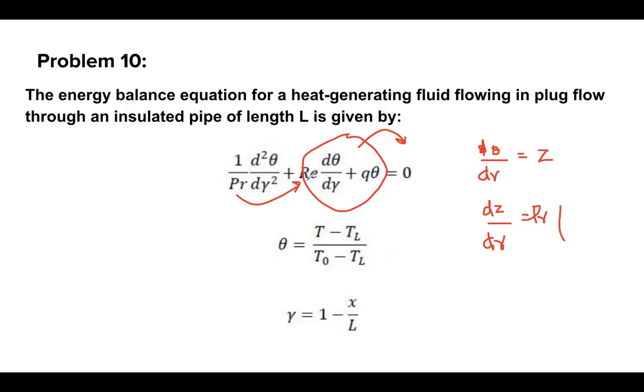So that will be the Prandtl number multiplied by what is there. I'm not writing everything out. RE remains the same, the Reynolds number remains the same, and d theta by d gamma is nothing but your z, plus q times theta.